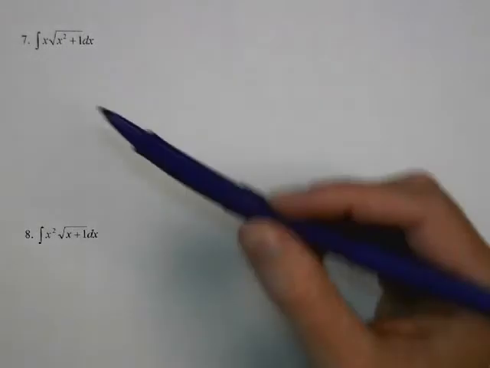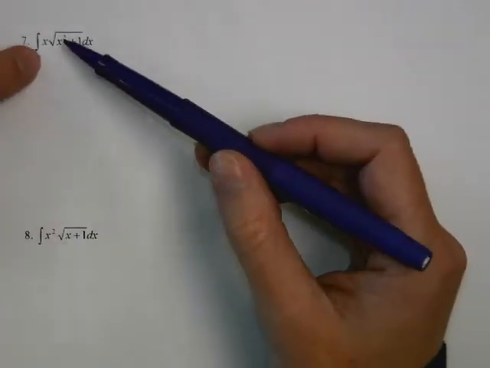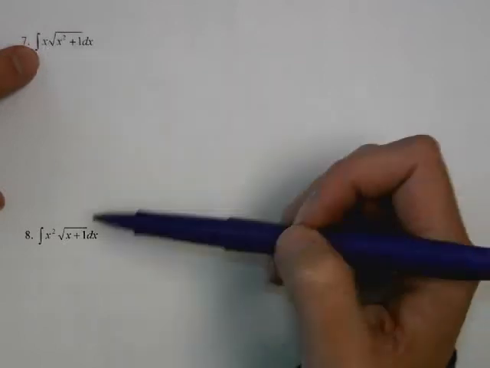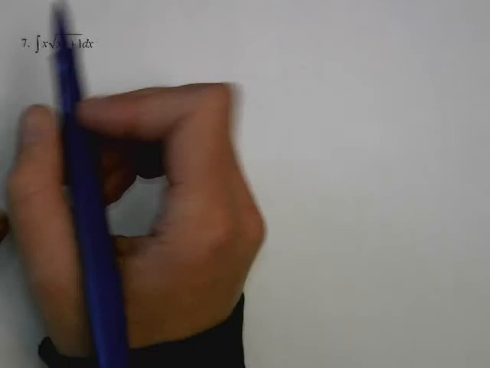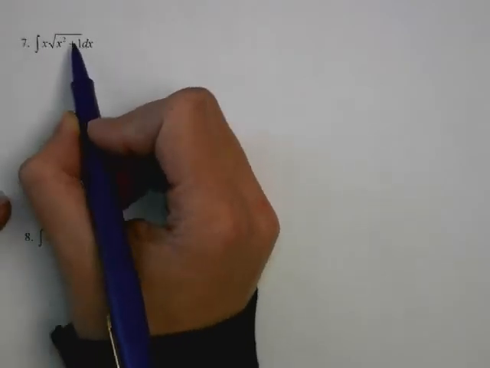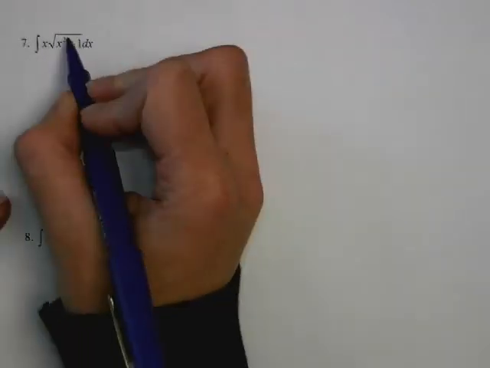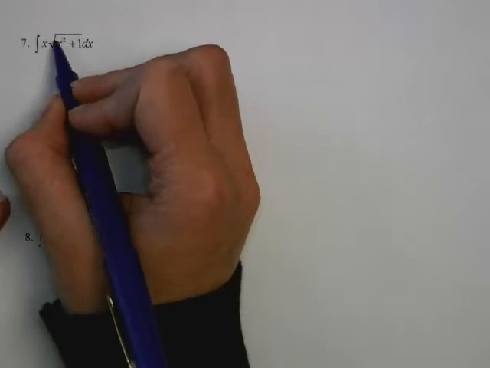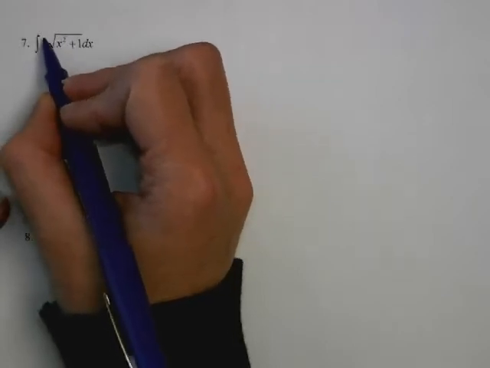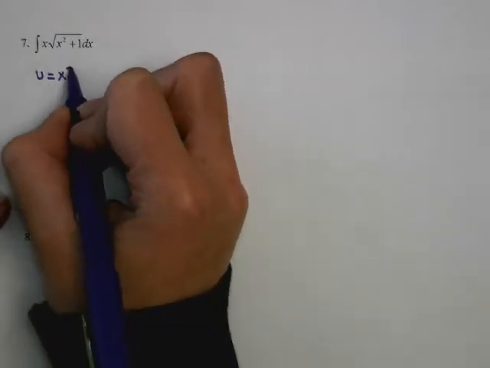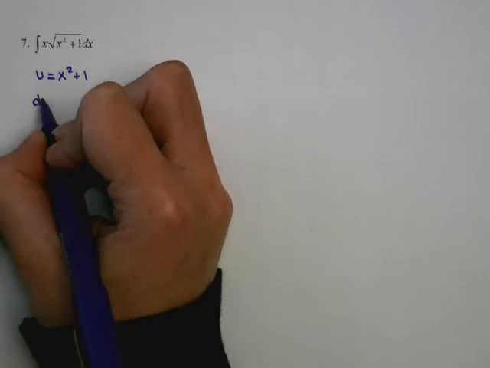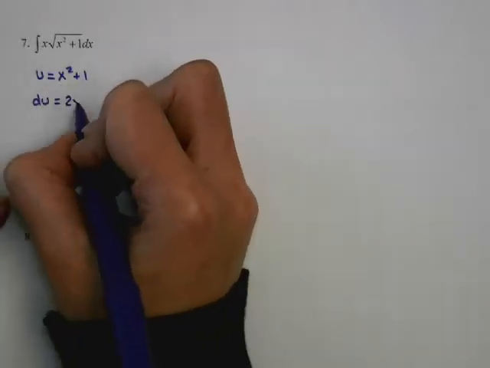Okay, so we've got some more examples here. Again, this is kind of tricky because these two look almost identical. It's just we've got an x squared on the inside, an x squared on the outside. Here the x squared's on the outside, not on the inside. Here, this is going to be a u substitution with what's under the radical, because I know the derivative of x squared is 2x, and I have an x here. So if I let u equal x squared plus 1, then du is going to equal 2x dx.